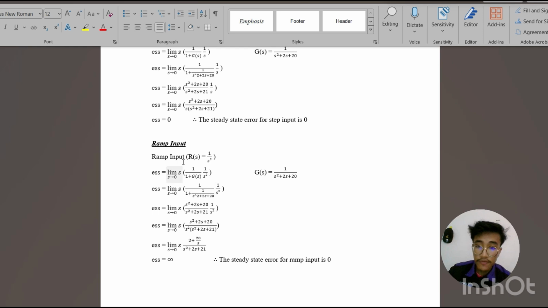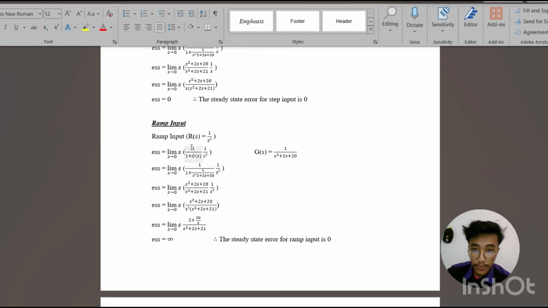Next, the same for the ramp input. For the ramp input, we use the equation R(s) equal to 1 over s square. After putting the value of G(s) in the equation, we get the steady state error equal to infinity. So the steady state error for the ramp input is infinity.